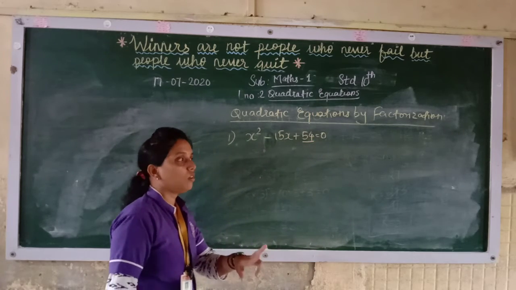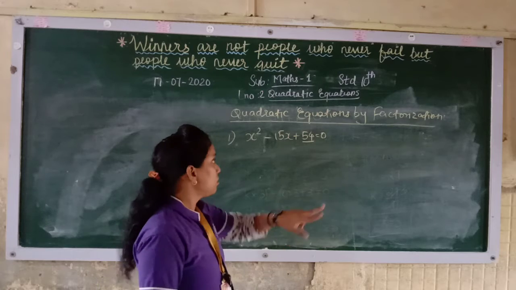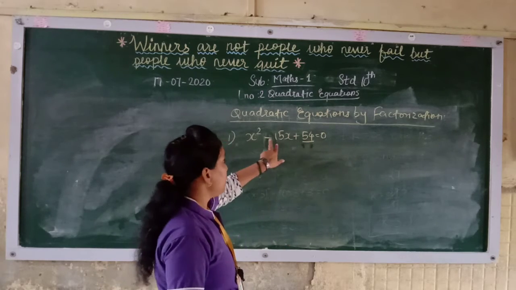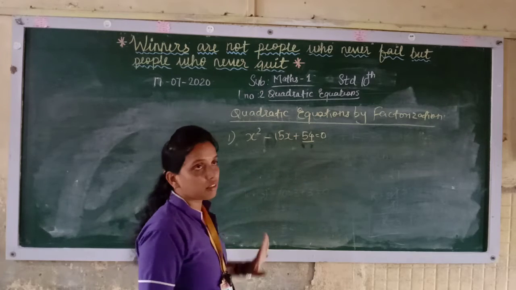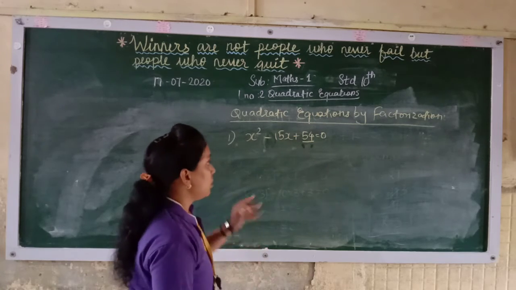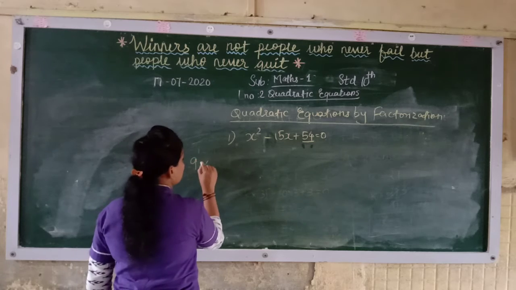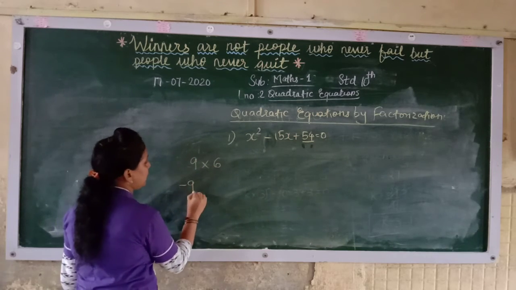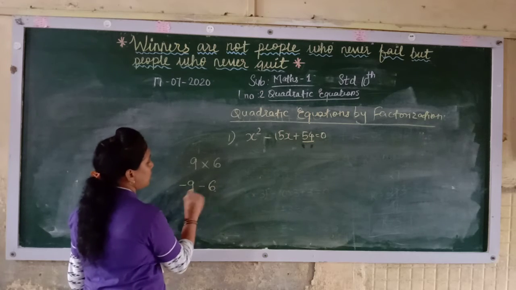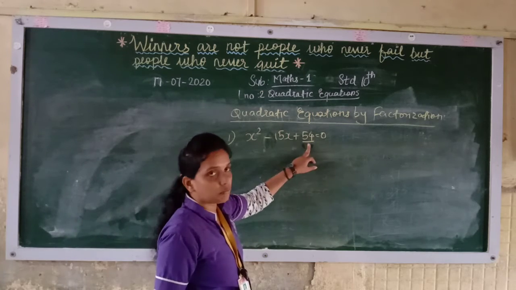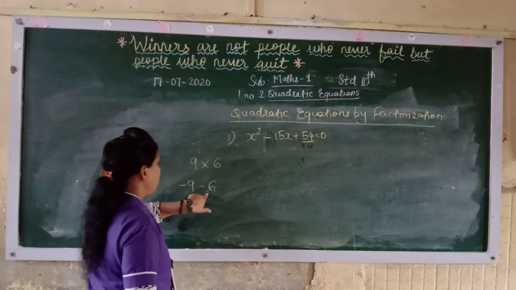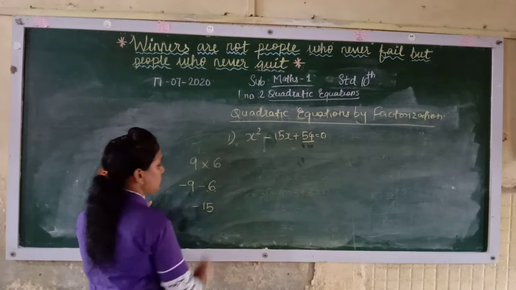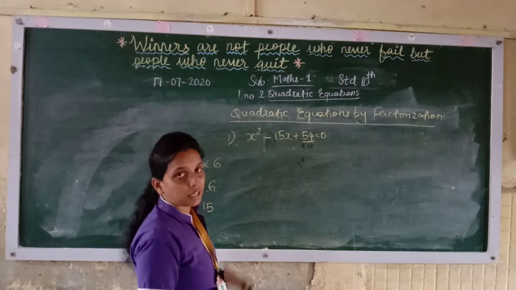You have to search two numbers whose product is plus 54, and whose sum is minus 15. Now see, it is 9 into 6. But it is actually minus 9 and minus 6. 9 sixes are 54, and minus 9 minus 6 is minus 15, and we want minus 15 only.